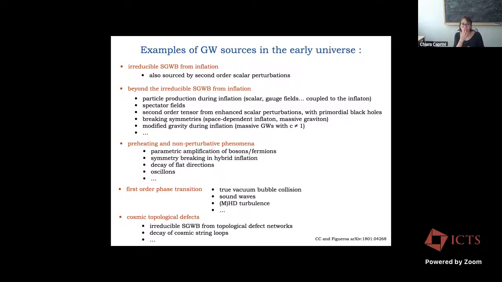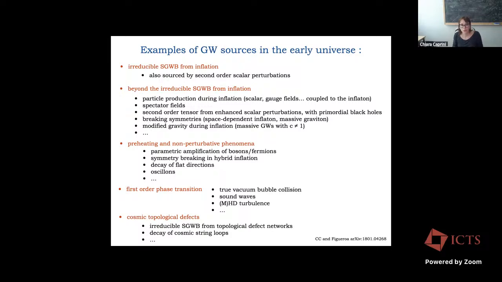These perturb the metric and do generate gravitational waves, either just because of the network of topological defects, or, in the case of cosmic strings, because they form loops that then shrink mainly due to gravitational radiation, etc. So we will see examples, but I wanted to give this summary.